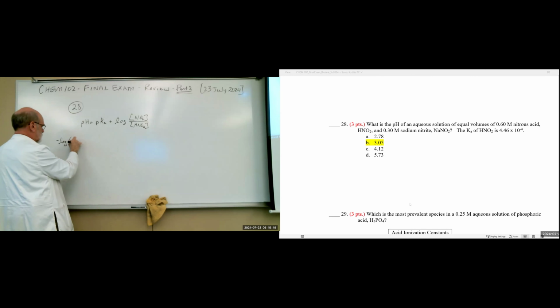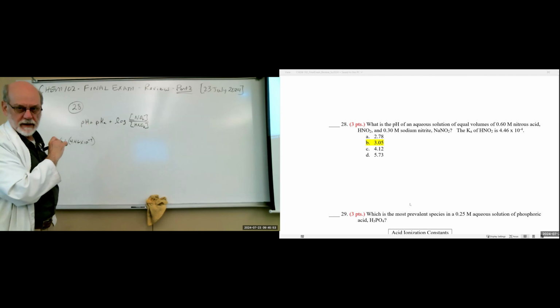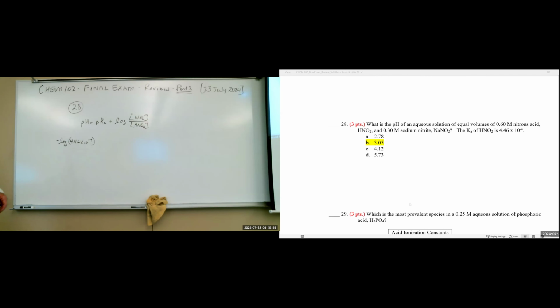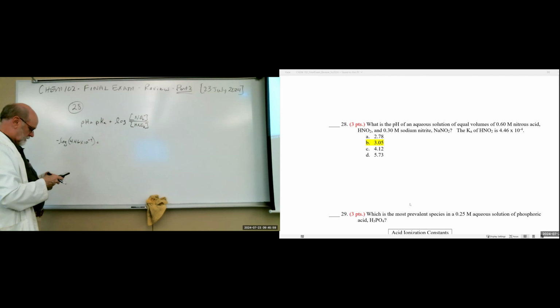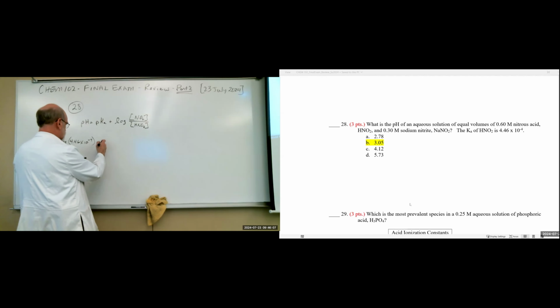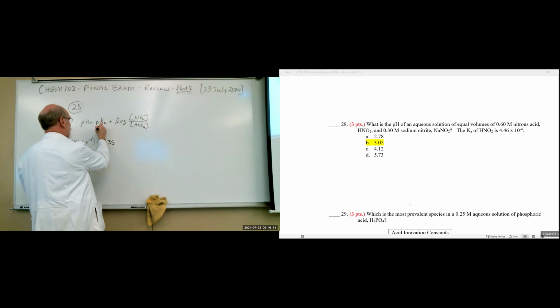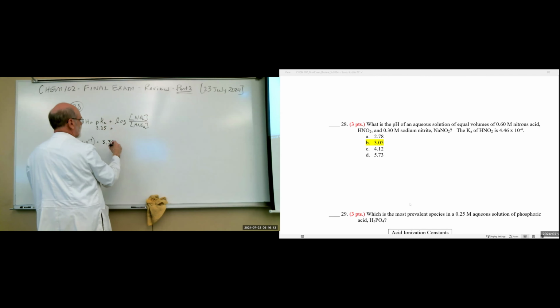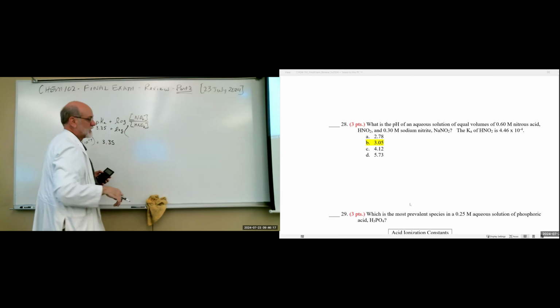We need the negative log of this one to give us the pKa. It changes sign, so this is 3.35.